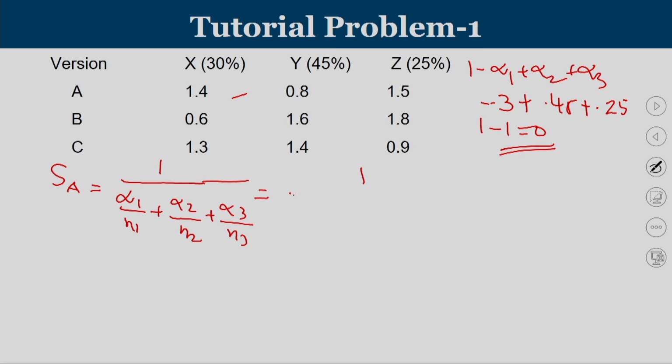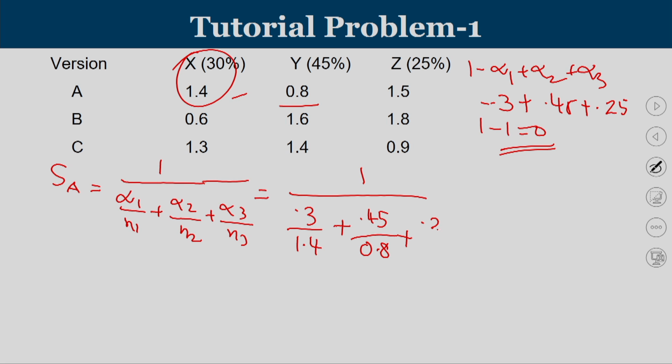So, it is 1 divided by, what is the first portion? It is 0.3 divided by 1.4. See, component X is going to be affected by 1.4 times and the fraction of the task that is going to be using X is 30%, plus that of Y, it is 0.45 is the fraction and the speed up that is going to impact them is 0.8, and the third one is 0.25 divided by 1.5.